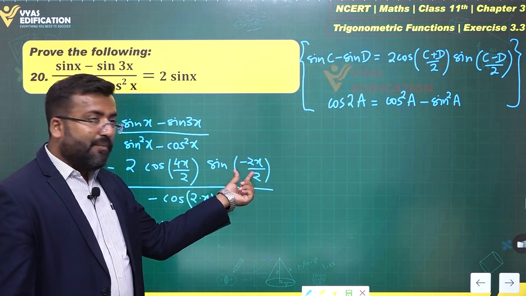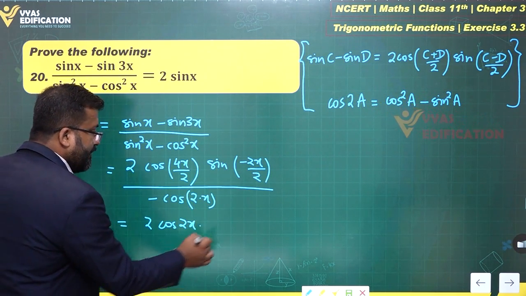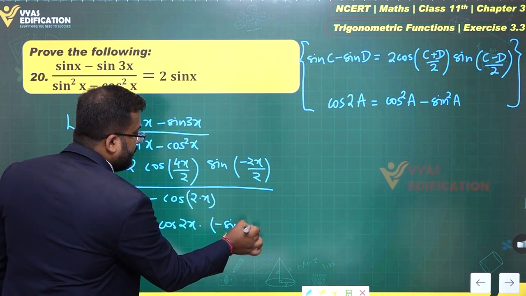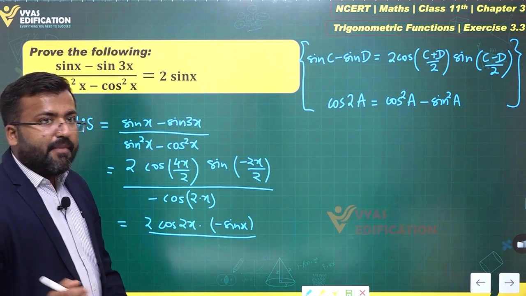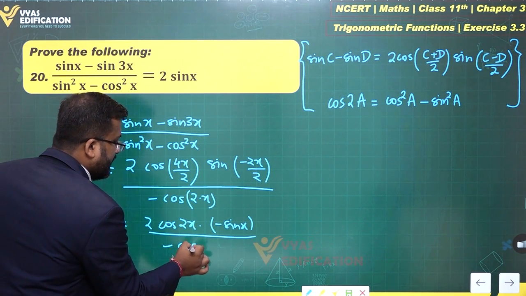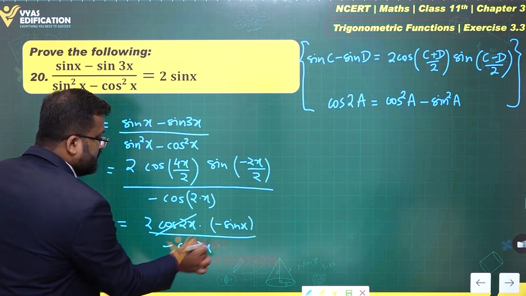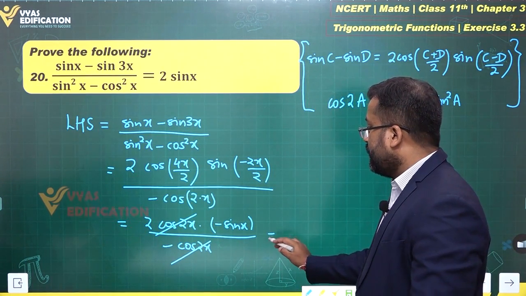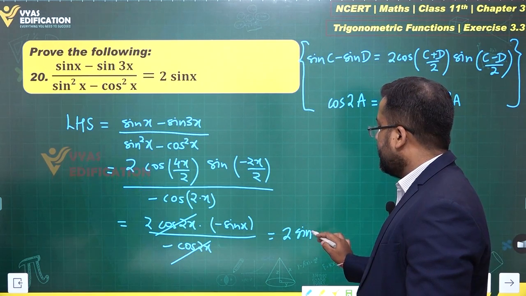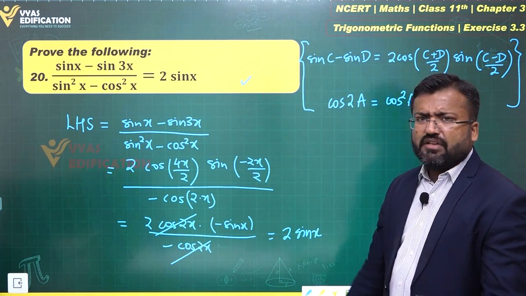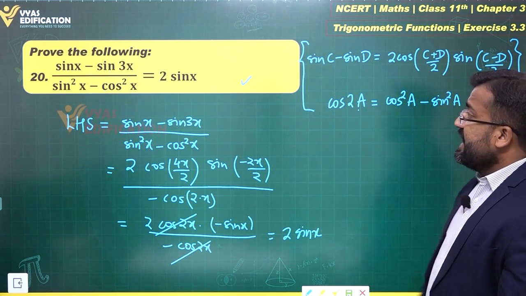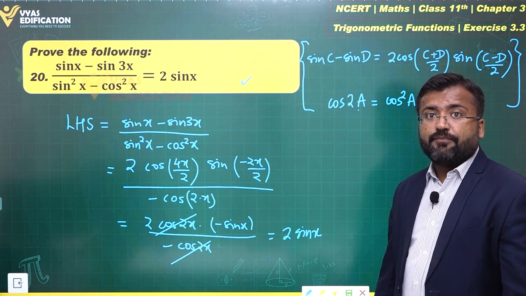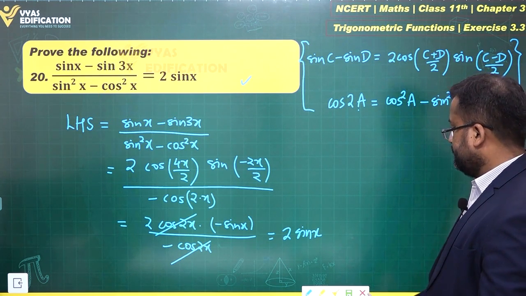This here is sine of minus x. Sine of minus x will be equal to minus sine x. In the denominator you have minus cos 2x. You can observe that cos 2x gets cancelled. Even the minus sign will get cancelled, and what you get is 2 sine x. Is that okay? Very simple to solve using this. That's all in this question.